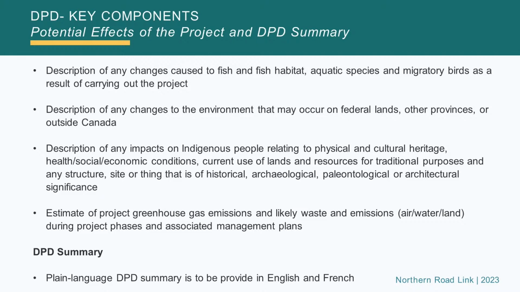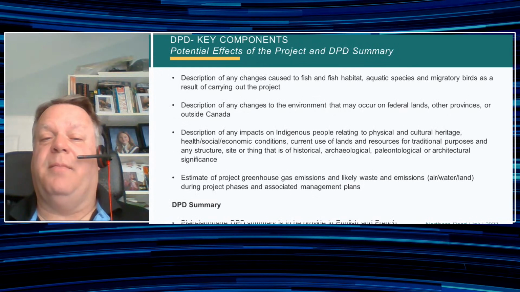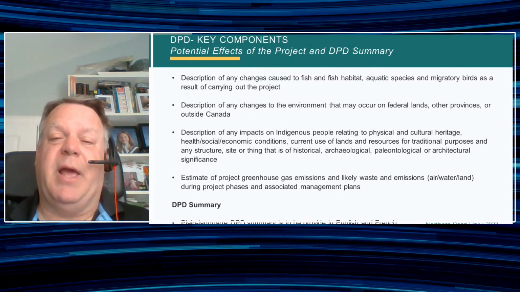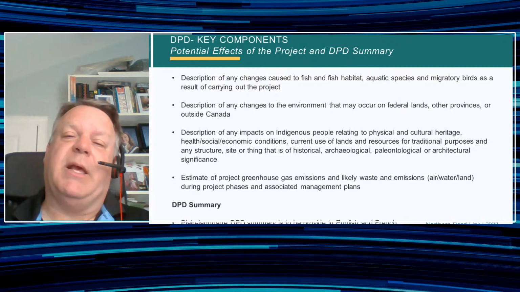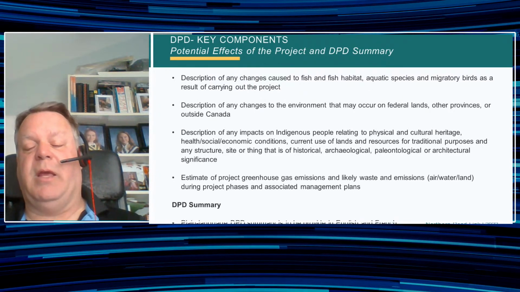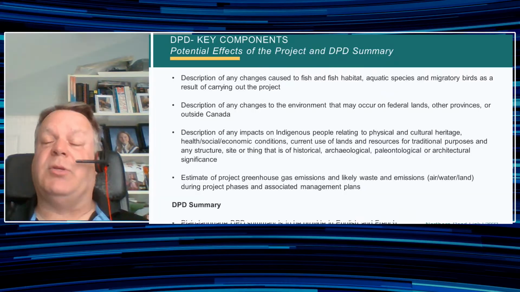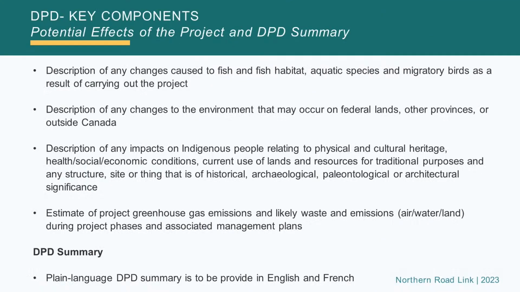And then finally, that plain language detailed project description summary. It's a very important document. It has to be in plain language so that it can be understood by non-technical people, and it has to be provided in both English and French. So there's a lot of information that goes into a detailed project description, as you can tell.